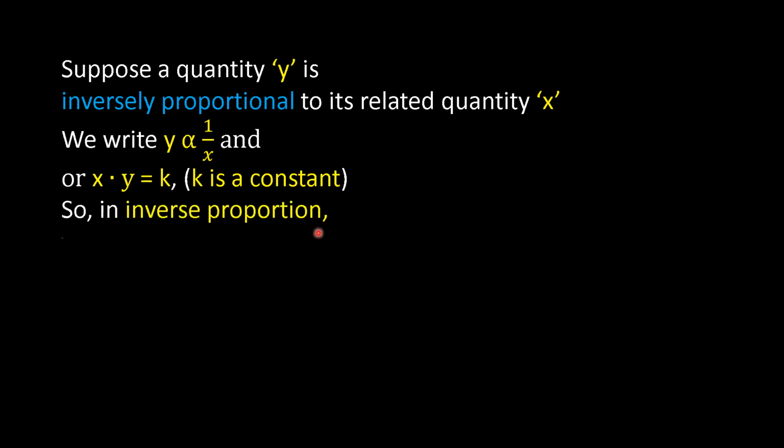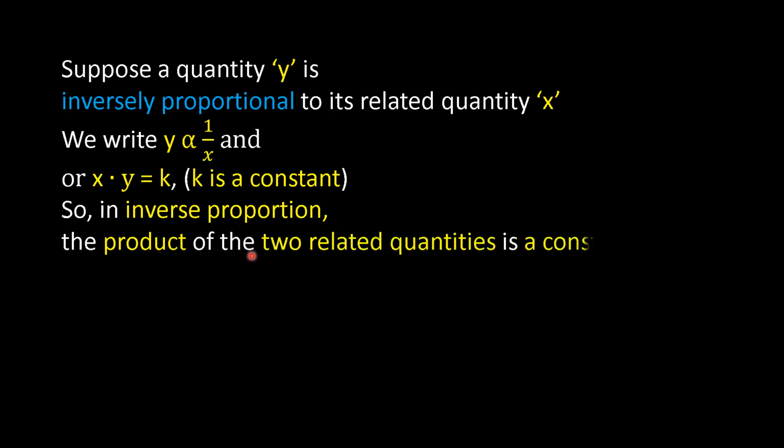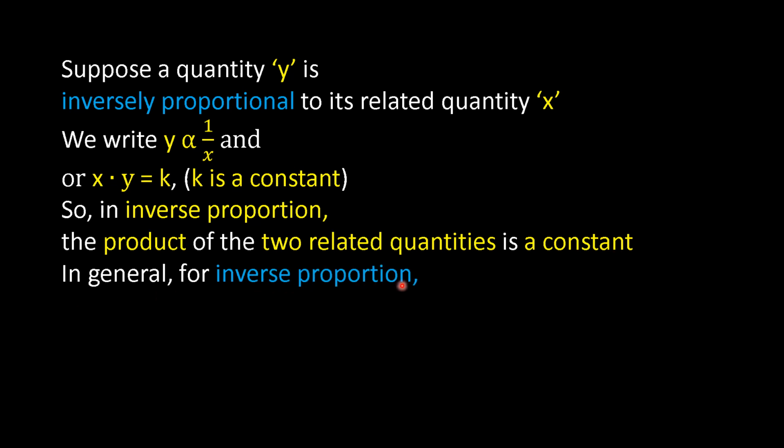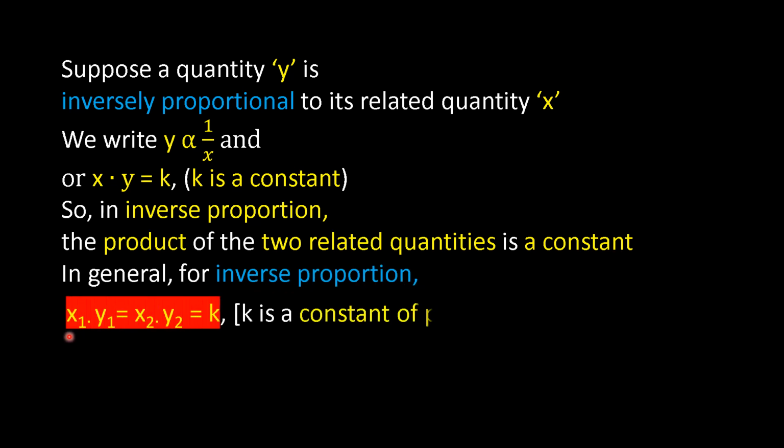So in inverse proportion, the product of the two related quantities is a constant. So in general, for inverse proportion, we can write x1 y1 equals x2 y2 equals k, where k is a constant of proportionality.